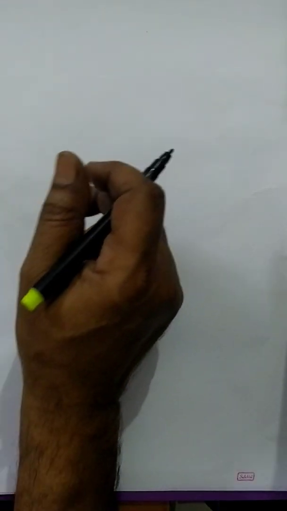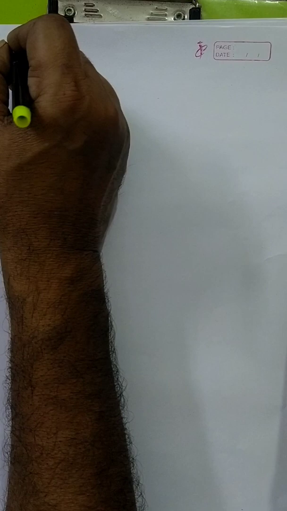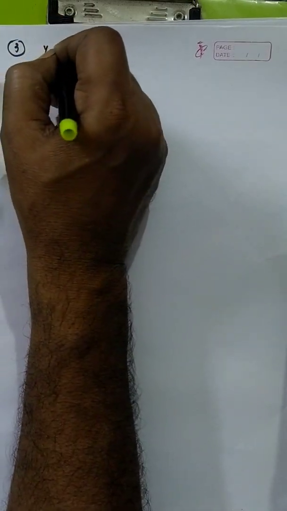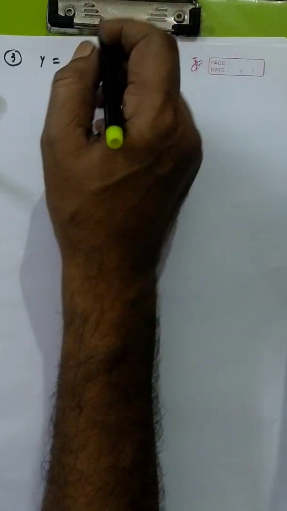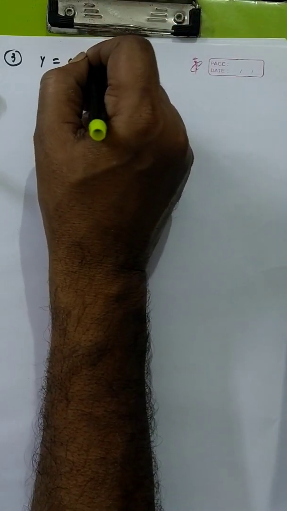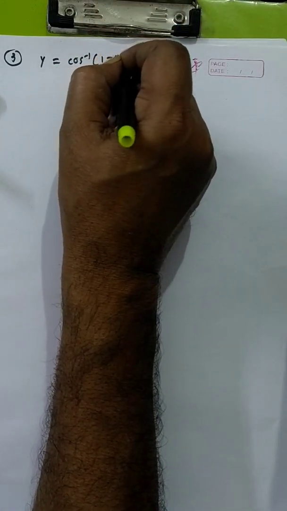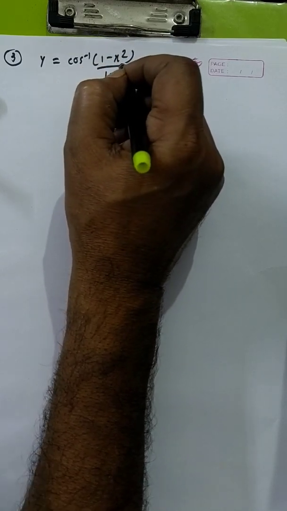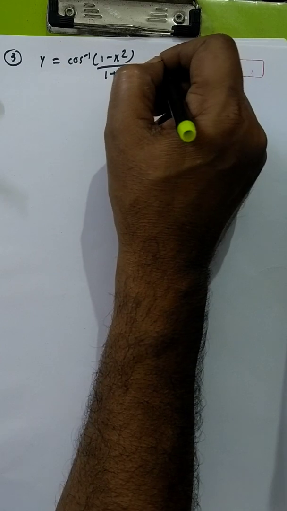So next we will go for y equals cos inverse of (1 minus x square) upon (1 plus x square), where 0 is less than x less than 1.